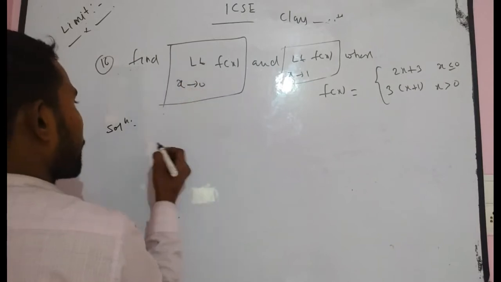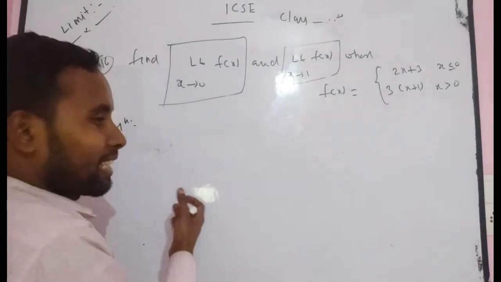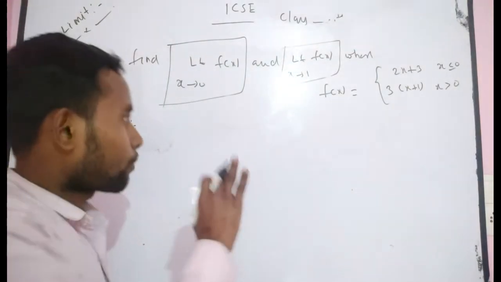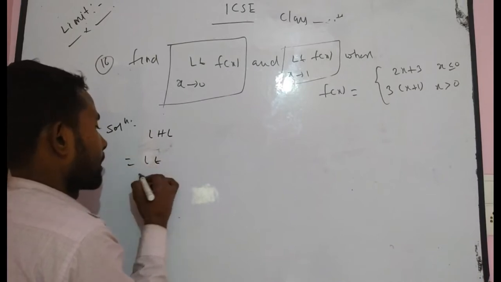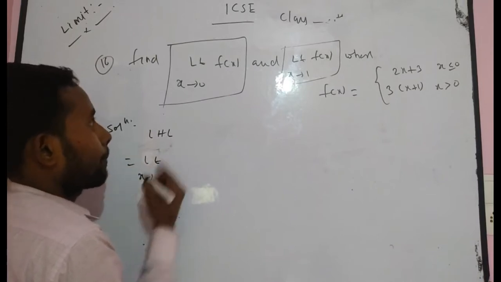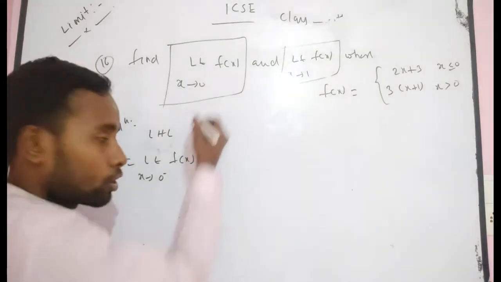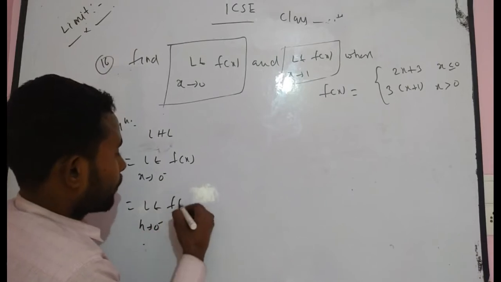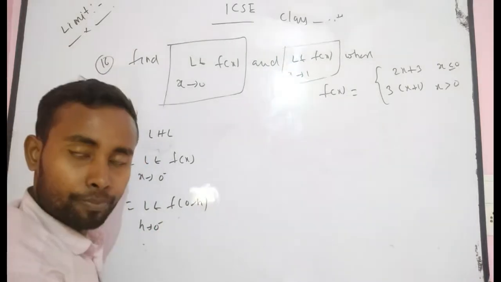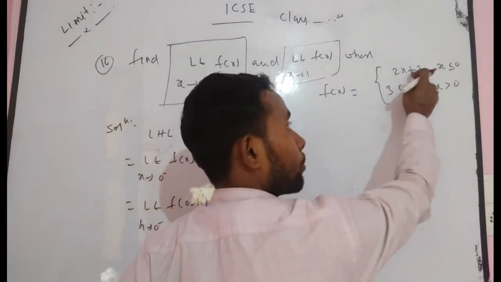Firstly, solve this way. Now I want to write directly. Don't write LHL of f(x) at x equal to 1. You have to write directly: LHL is equal to limit x tends to 0 from left hand side f(x). If you find the LHL, what do you get? x tends to 0, f(0 minus h). That means less than 0, so you have to choose this function.